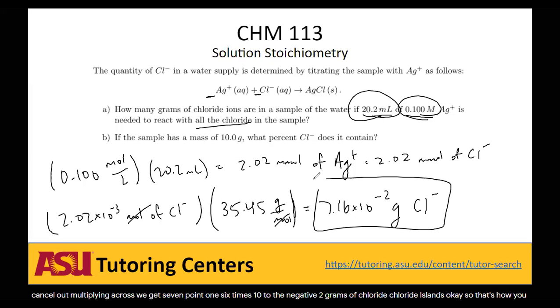We just added silver until we no longer saw precipitate forming, and then we used the amount of silver solution we added to determine how much chlorine was in our initial sample. Very powerful tool. So we're saying 7.16 times 10 to the negative 2 grams of chloride ions. And if we look at part B, it says the sample has a mass of 10 grams. So what percent of the sample is chlorine?